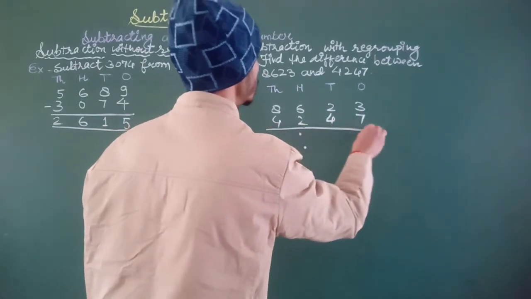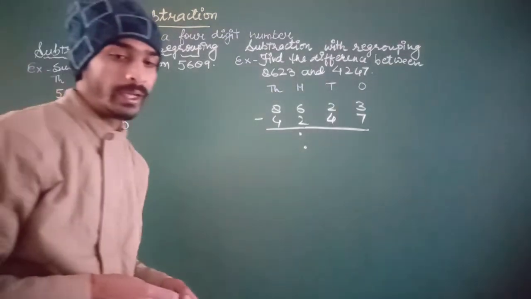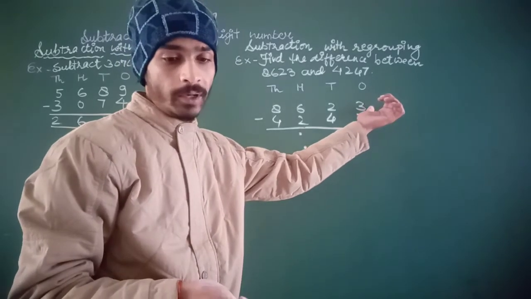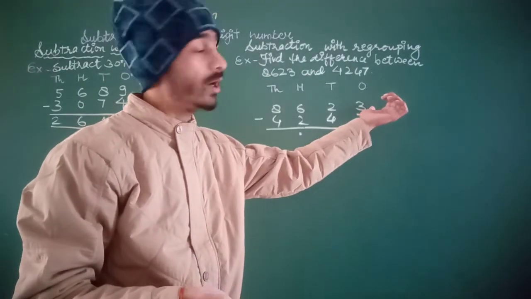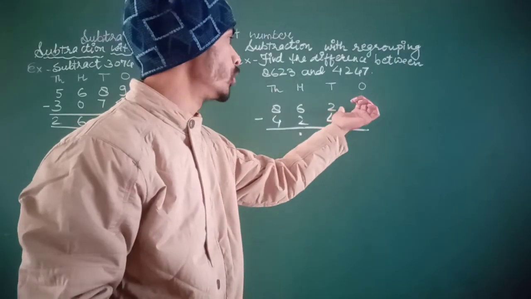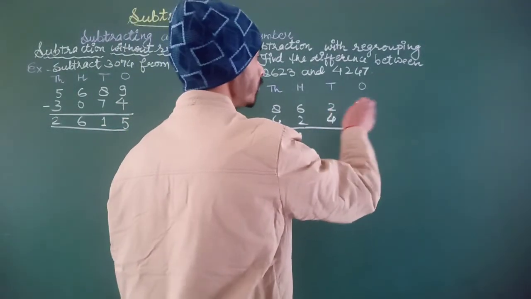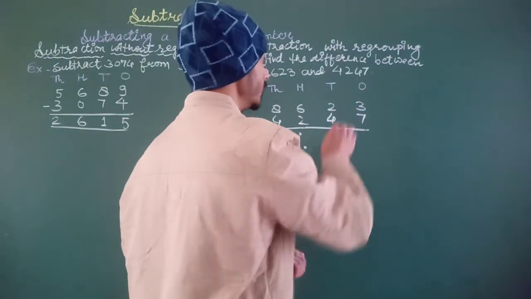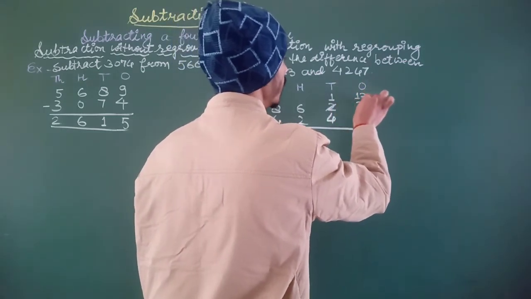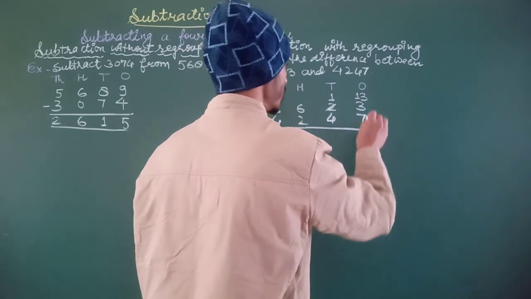And now subtract it. Firstly, we have to subtract the ones. 7 ones cannot be subtracted from 3 ones. So regroup 2 tens 3 ones into 1 ten and 13 ones. And now subtract the ones: 13 ones minus 7 ones is 6 ones.